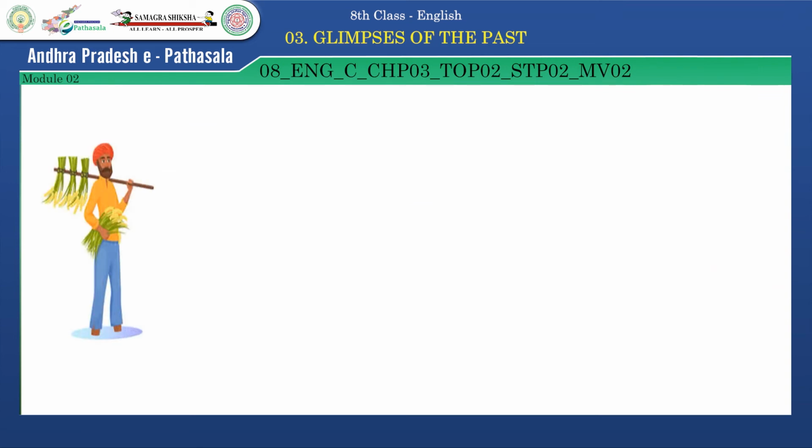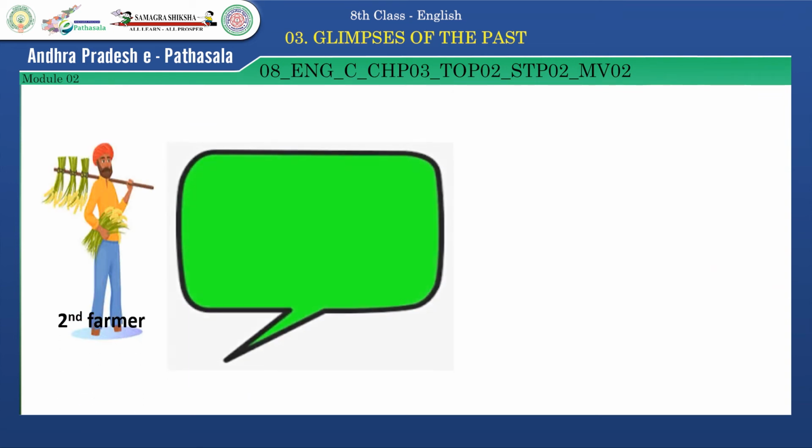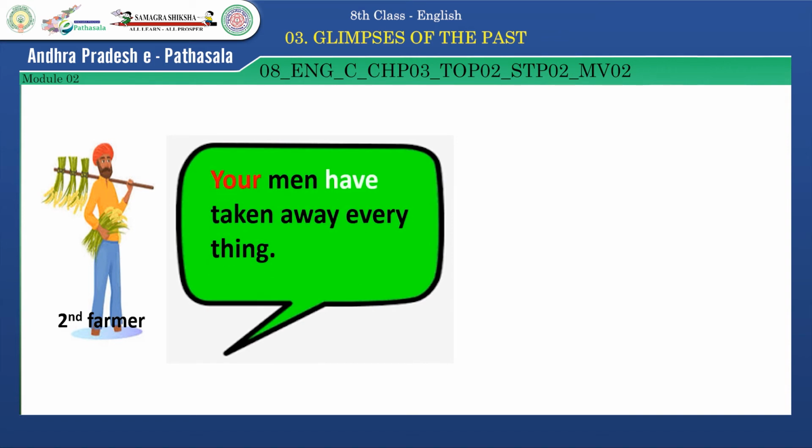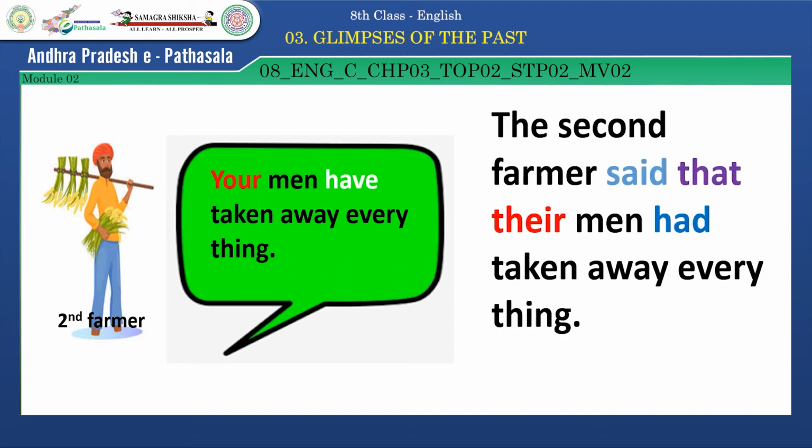Students, now let's see the second farmer's actual words. "Your men have taken away everything." So this is in the form of a statement, or we can call it an assertive sentence. When we report this, we can say the second farmer said that their men had taken away everything. Generally we say a sentence or a statement, so for this we use the word said.